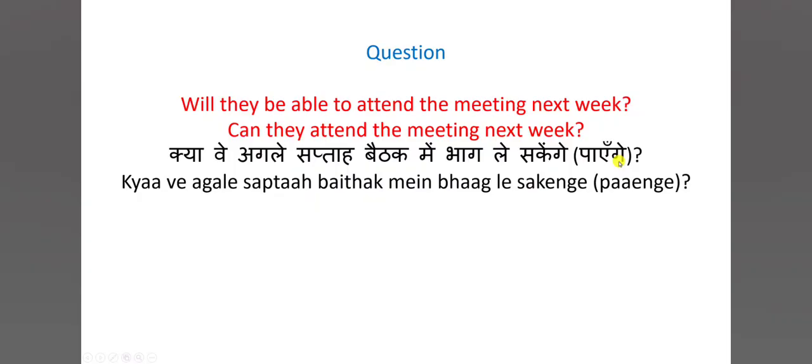Okay? Will they be able to participate in the meeting? That is what this sentence literally translates to. भाग ले is participate, but we use the same word for attend. So बैठक में भाग ले means participate in the meeting.